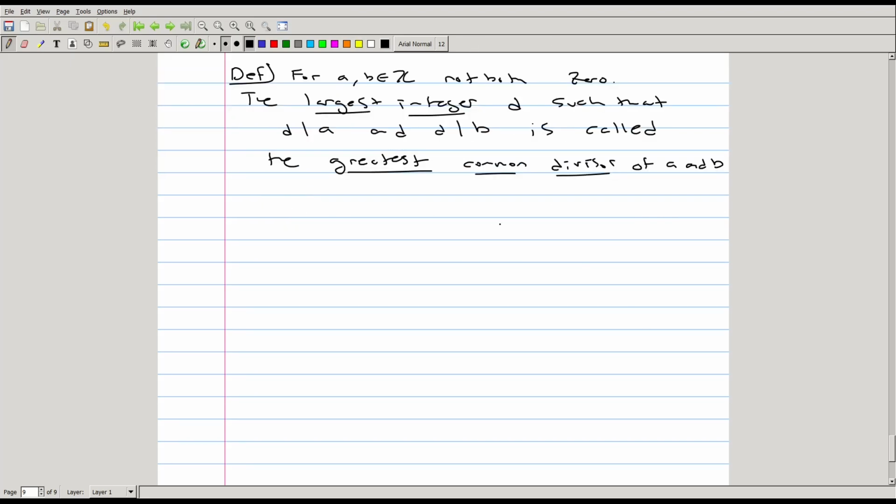And for notation, you denote this as GCD of a comma b.